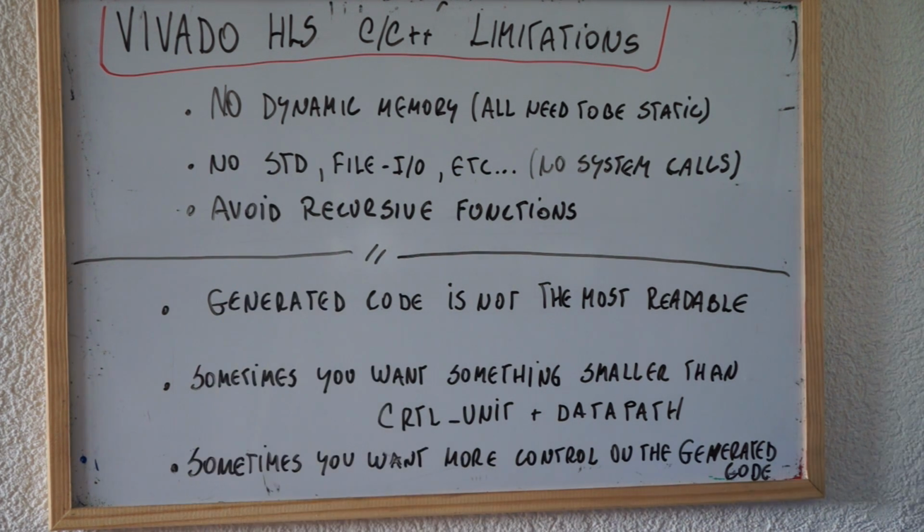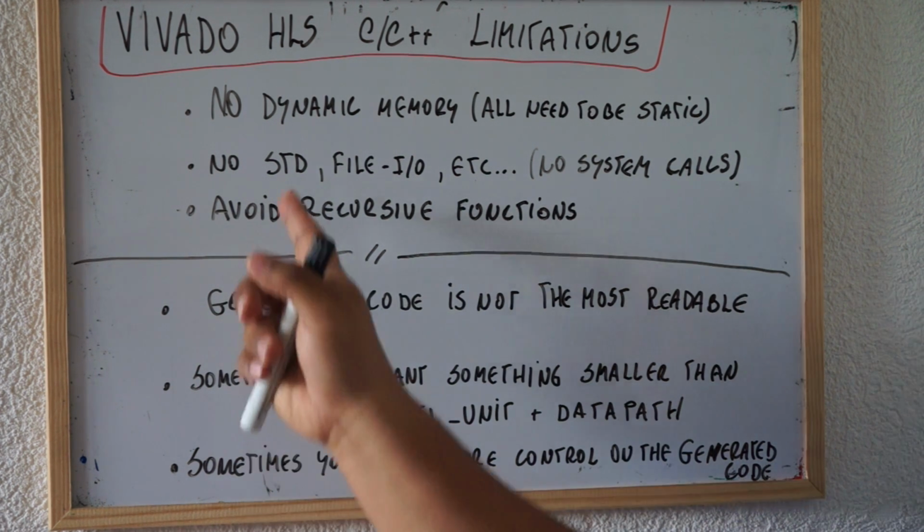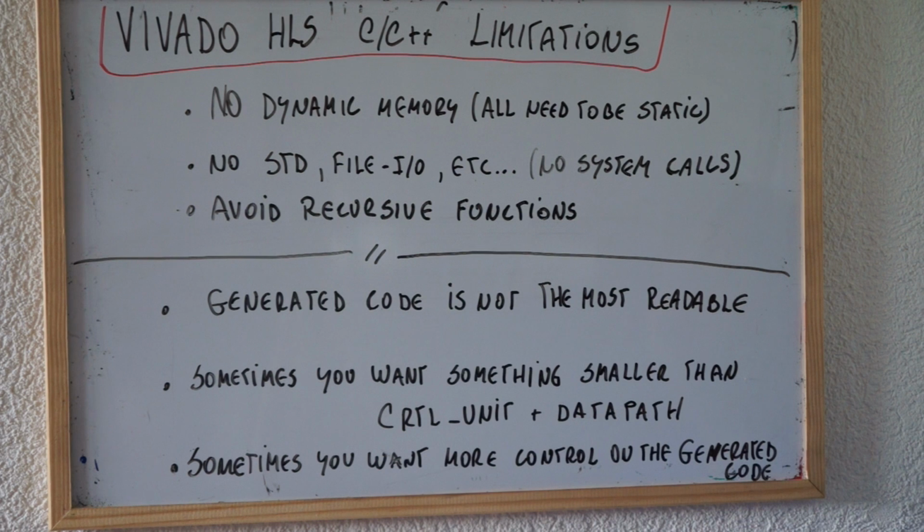Vivado HLS does not support STD or boost, probably because of this dynamic memory allocation limitation. So, no STD. No file I/O, basically no system calls, no printf, no exit. Avoid recursive functions as well. This is a limitation of Vivado HLS.